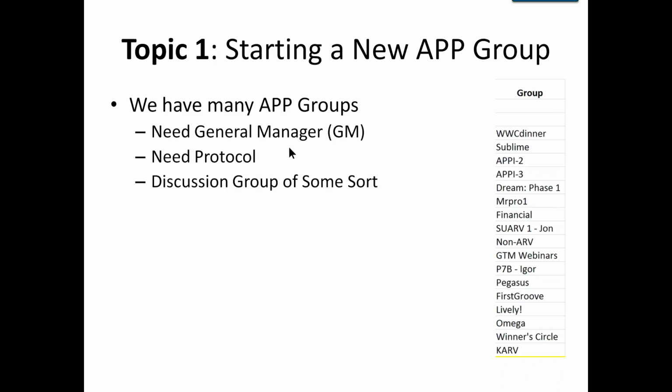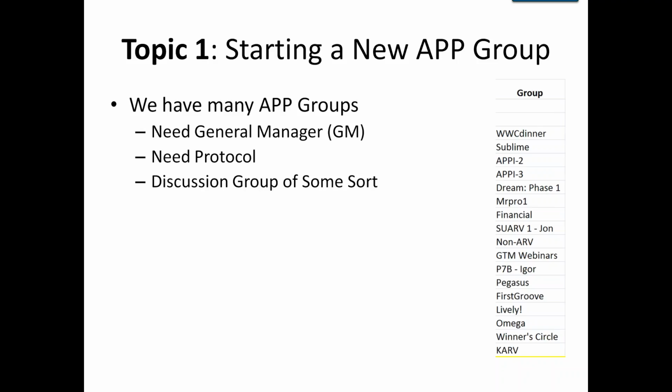And then there needs to be some sort of independent discussion group. Most of the groups are set up in terms of a Google group. It's very easy to set up a Google group so that all of the emails will go through that Google group. You can have pictures, etc. However, some of the groups are actually simply done with an email list.